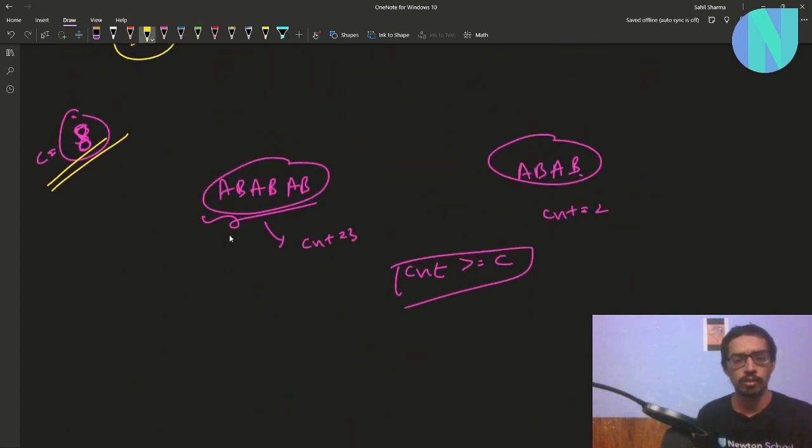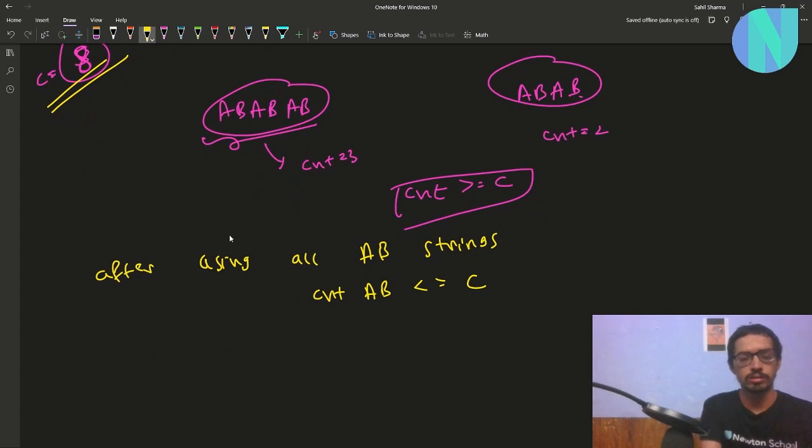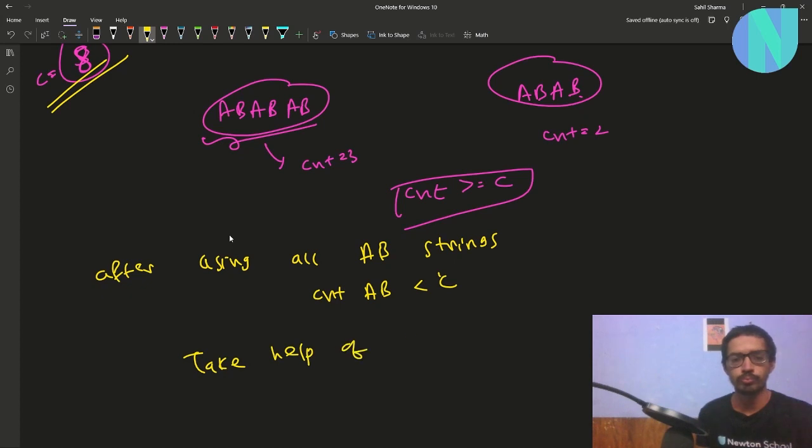So after using all AB strings, if your count of AB is less than C, then take help of common count or group 2.